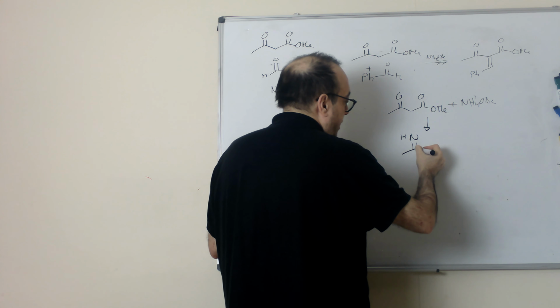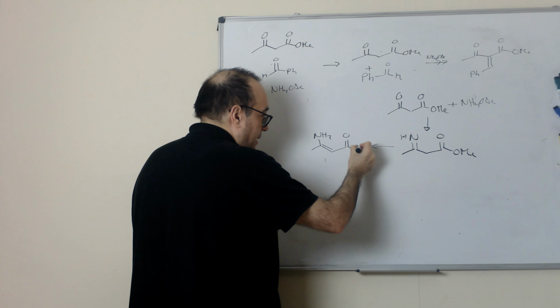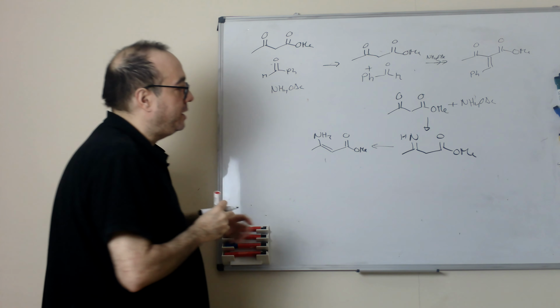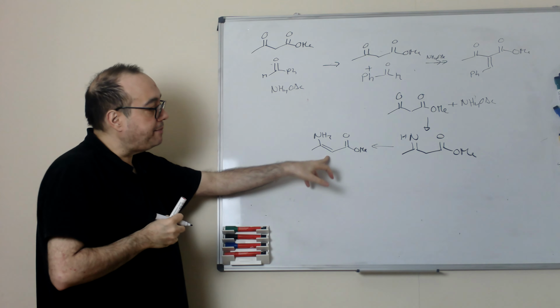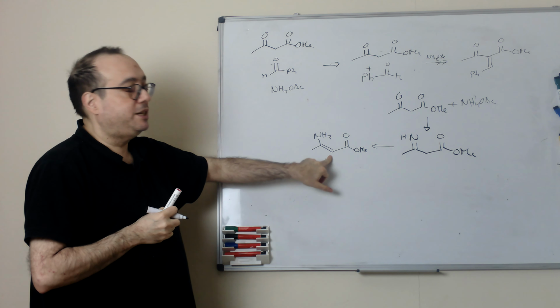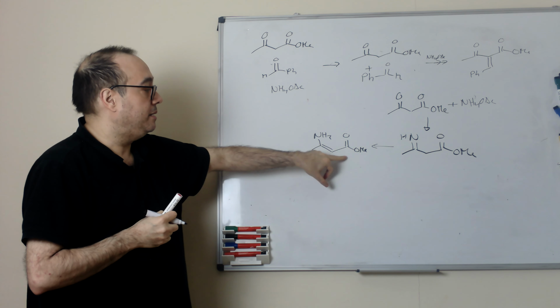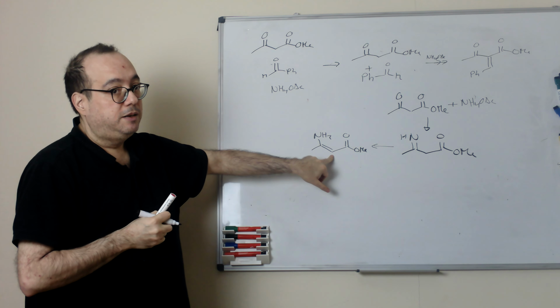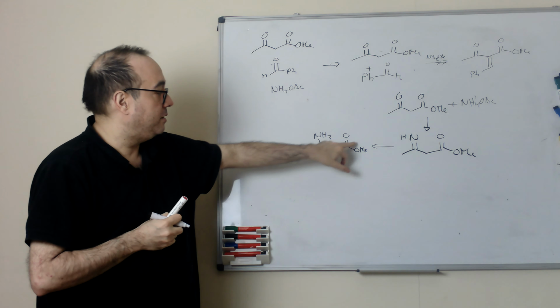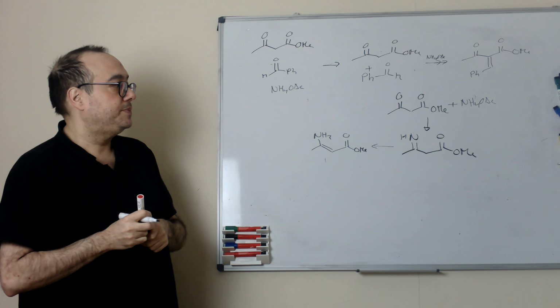Remember that I explained this in the case of pyrroles. When we have a ketoester, the enamine that we form is always with the most acidic proton, that means the internal enamine, because the hydrogen in this position is more acidic, thanks to the presence of the ester.